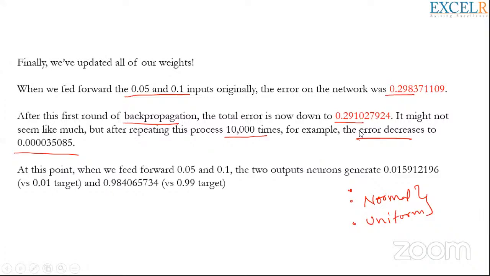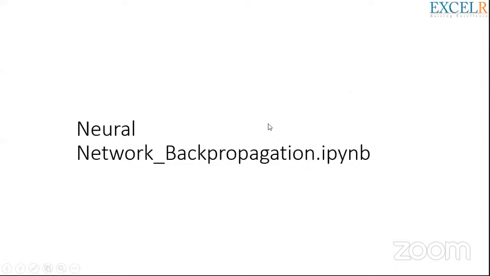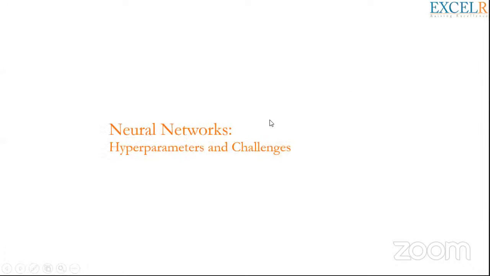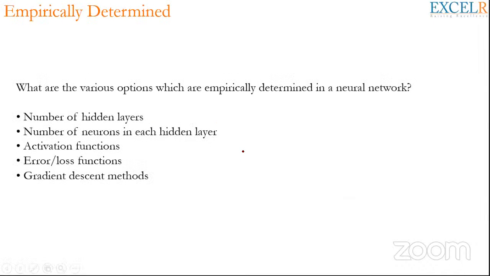So how do we know which activation function is suitable for our model? See, there are a few things called hyperparameters. Let me discuss those things. How does one know how many hidden layers have to be used?